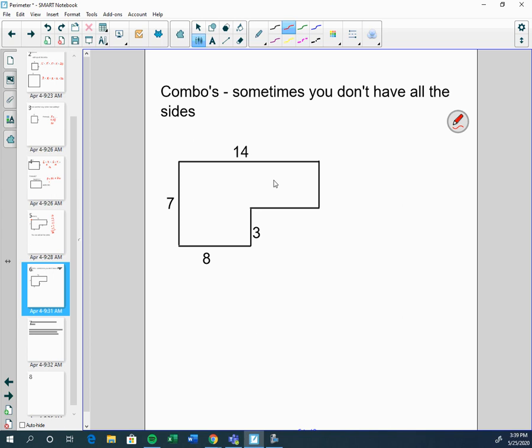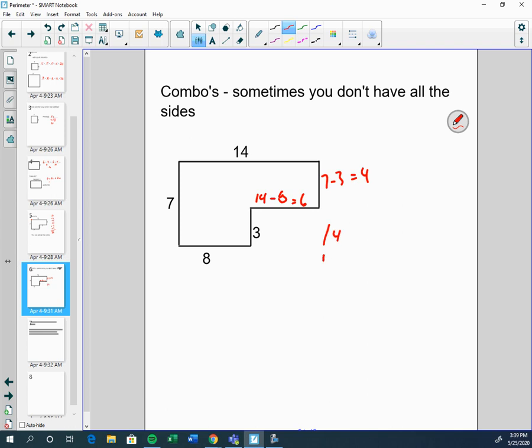Sometimes you don't have all the sides. For example, over here, we don't have all the sides, so we're going to have to do a little bit of figuring out. If this whole side here is 7, and this is 3, this side here is going to be 7 minus 3, which is 4. This side right here is going to be 14 minus 8, which of course is 6. Now we're going to add those all up.